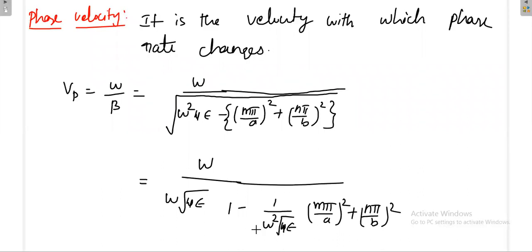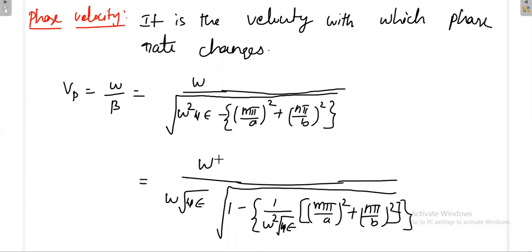This is one term finally, then overall the square root will come here. Then it's very clear this omega can cancel. Simply you are getting 1 by mu epsilon.